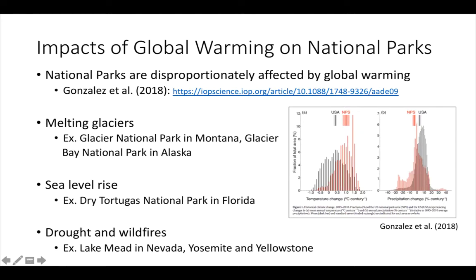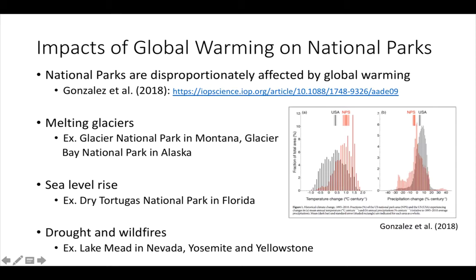So what I want you to know about impacts of global warming on national parks are some of these impacts that national parks are feeling. So first is melting glaciers. And I'll go through a couple of examples in Glacier National Park and Glacier Bay National Park in Alaska. Sea level rise, which I'll show you is happening in Dry Tortugas National Park in Florida.